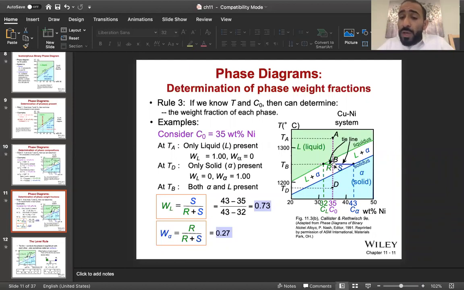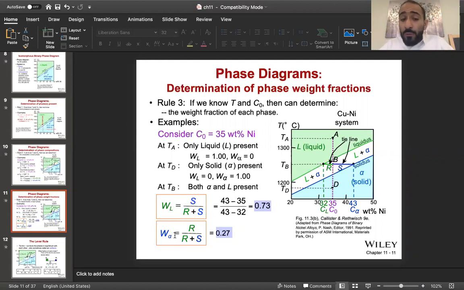If I want to know how much liquid I have, I'm going to take the distance between the opposite side, which is this S, from the solid to your point, S, and then divide it by the total distance, which is R plus S. This is why the weight fraction for the liquid is S over R plus S.